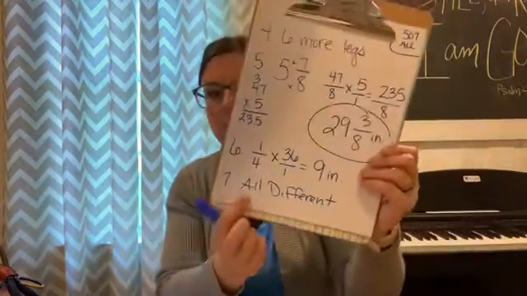Ty has 20 hermit crabs. 1/4 are large. How many are large? 5 are large, because 1/4 times 20 would be 5. Everyone's is going to be different, but have to use fractions.